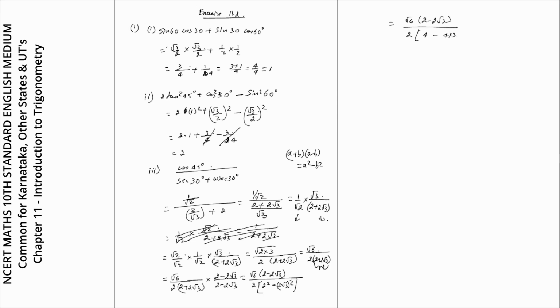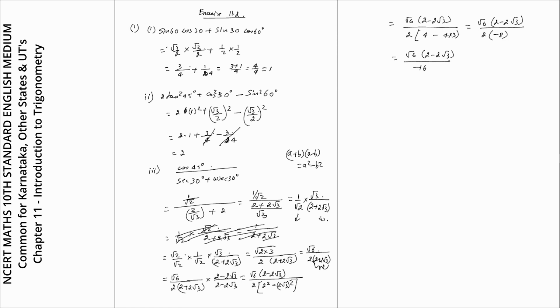So 4 into 3 I'll get there. So this is equal to root 6 into 2 minus 2 root 3 by 2 into 4 minus 4 3s is 12. So 4 minus 12 is minus 8. Okay, so root 6 into 2 minus 2 root 3 by minus 16 I'll get.